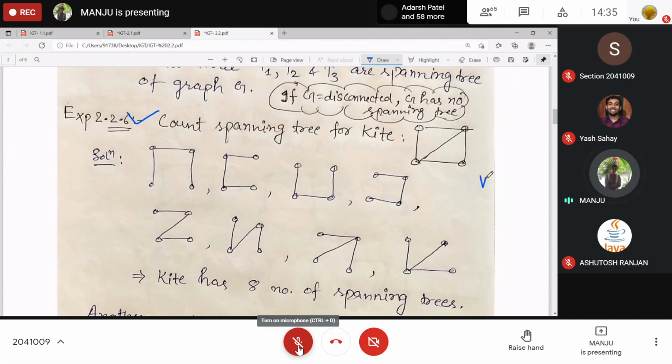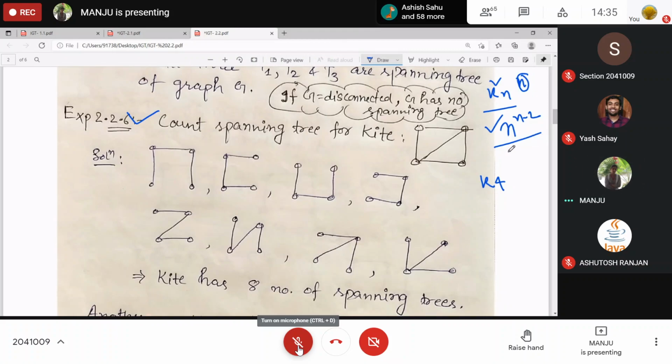Similarly for K4, there are 16 spanning trees. In general, corresponding to Kn, there are n raised to the power n minus 2 spanning trees, because Kn has n vertices, and for n vertices there are n raised to the power n minus 2 trees, and in Kn the maximum possible edges are present, so all these are subgraphs of it.